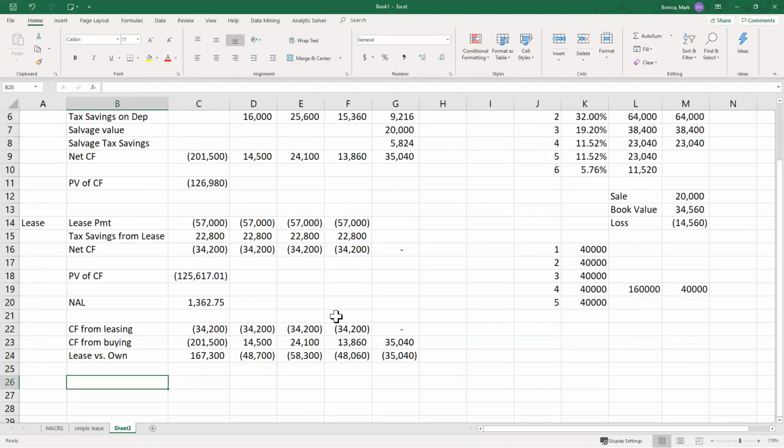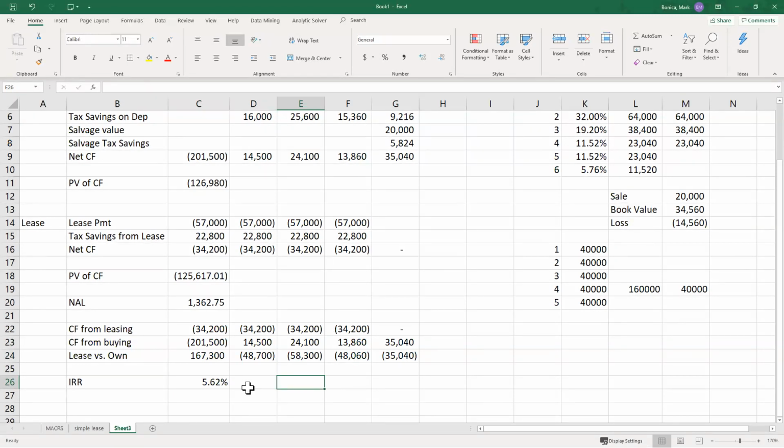And now I can calculate the IRR, right, of the lease versus own. And I get a return on this leasing, right, or an IRR of 5.62%. So our usual rule when we're using IRR to decide whether we should do something or not is we want an IRR greater than our discount rate.